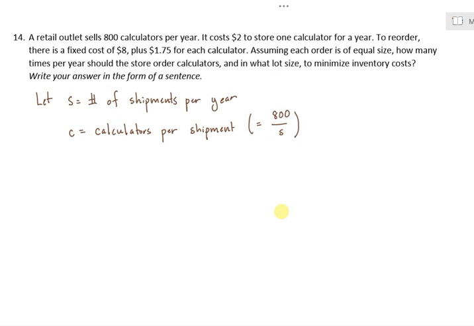Okay, now let's figure out my costs. I have two kinds. I have reorder costs. So for every order, I pay $8 plus $1.75 times C, because that's the number of calculators in that order.